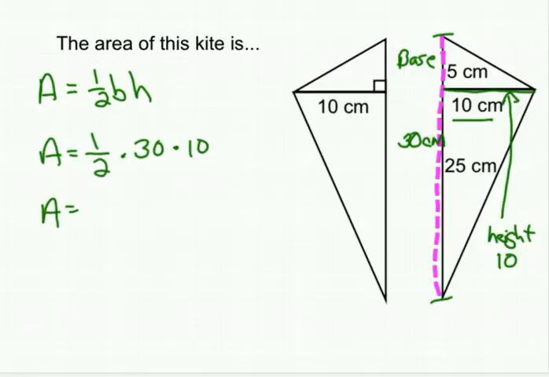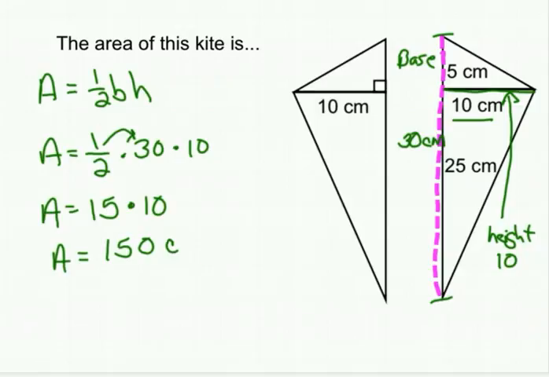And as we do this, 1/2 of 30 is, of course, 15. So now we're going to multiply that 15 times 10. And if you multiply 15 times 10, you will get 150.